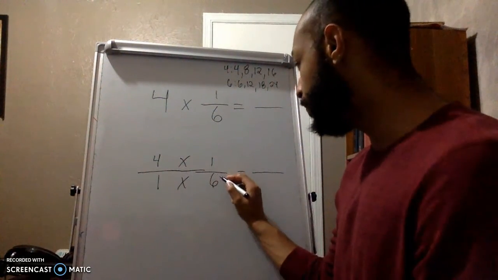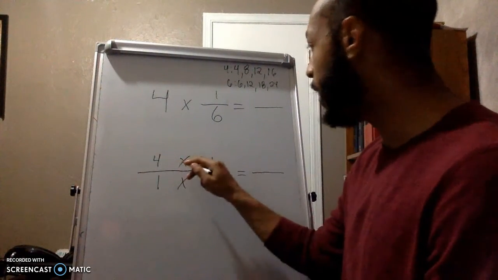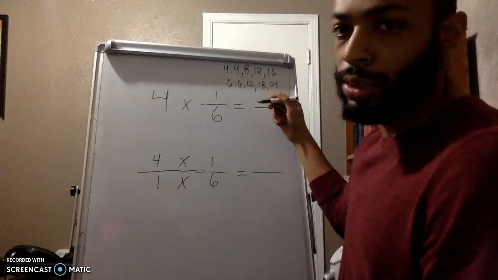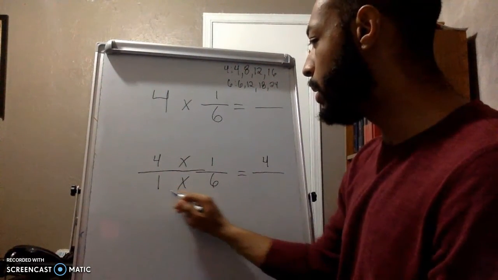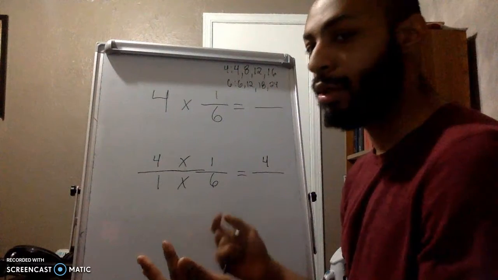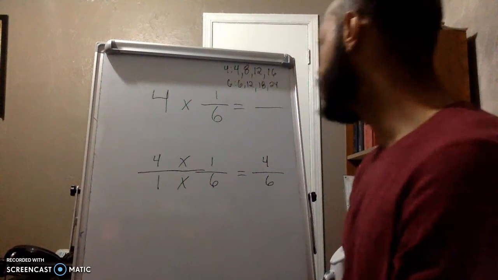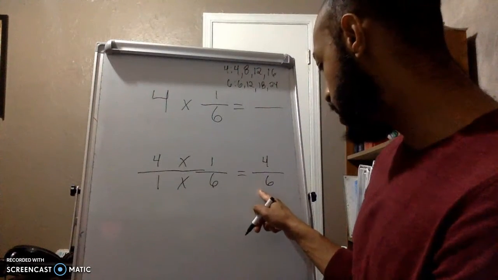And so I can do that. If I count 4 one time, it's 4. And I count 1 six times, I'm going to get 1, 2, 3, 4, 5, 6. Then we're going to get this number, 4/6.